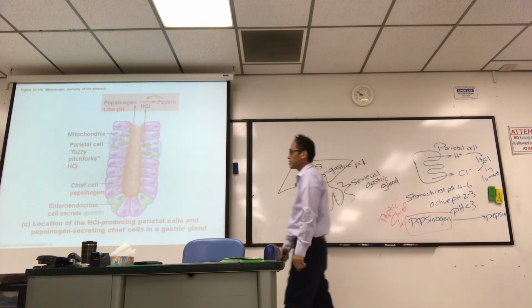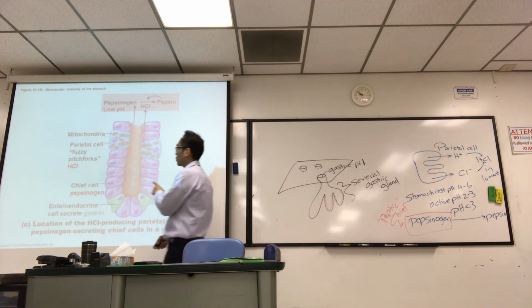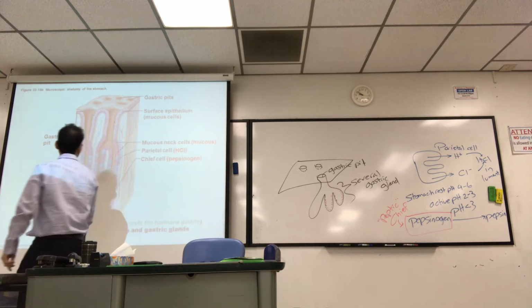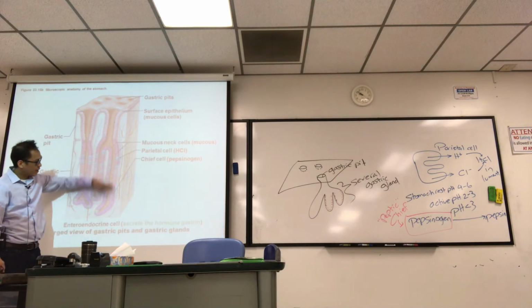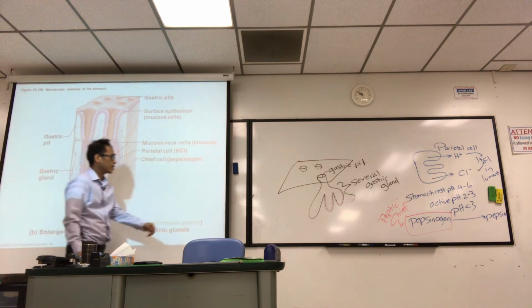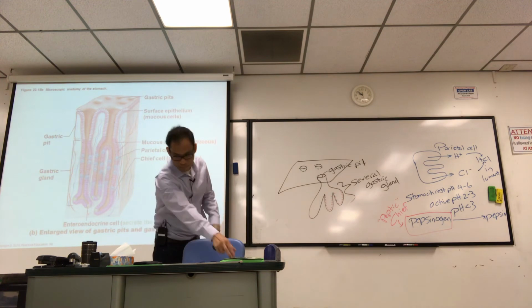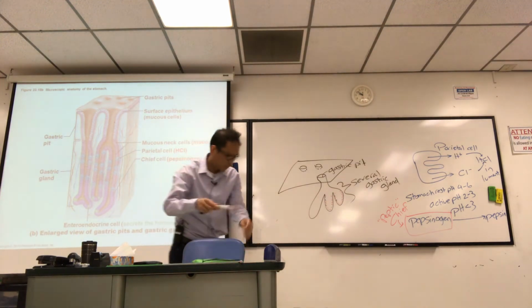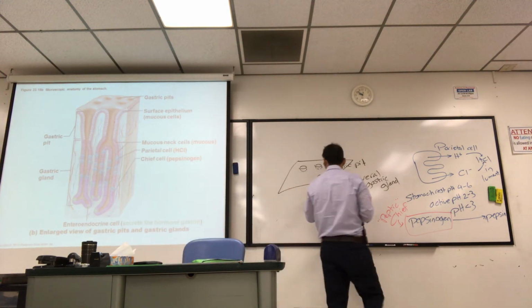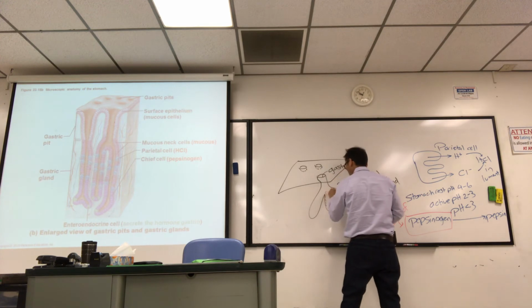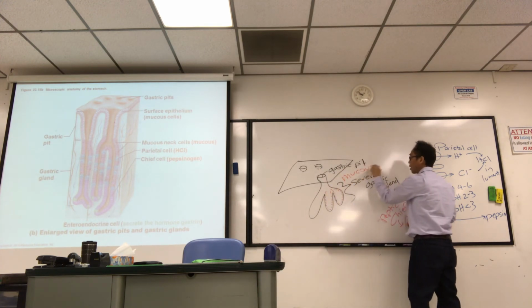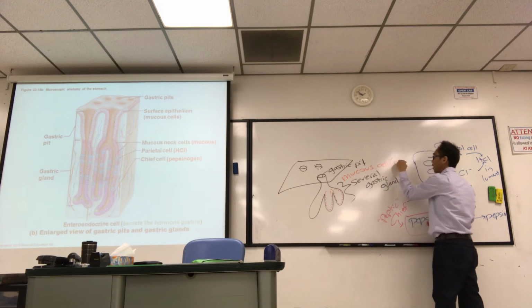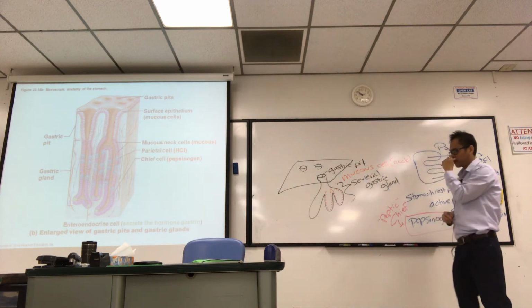The other cell I said that secreted mucus is not shown here because the mucus cells are more or less at the neck of the gland, and we're looking way down here. So mucus cells at the neck region.